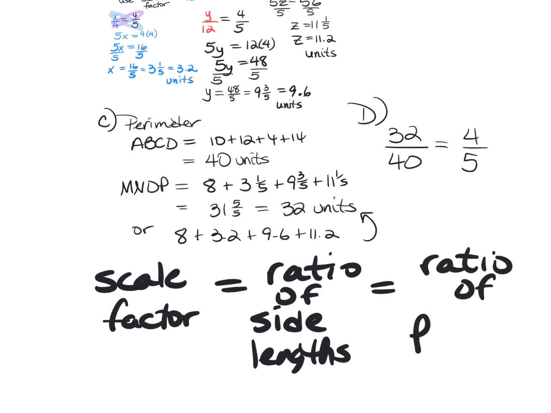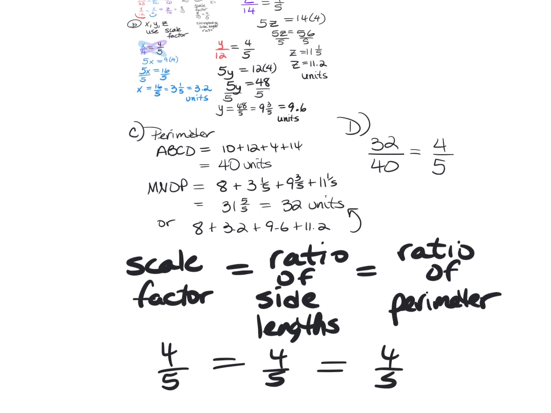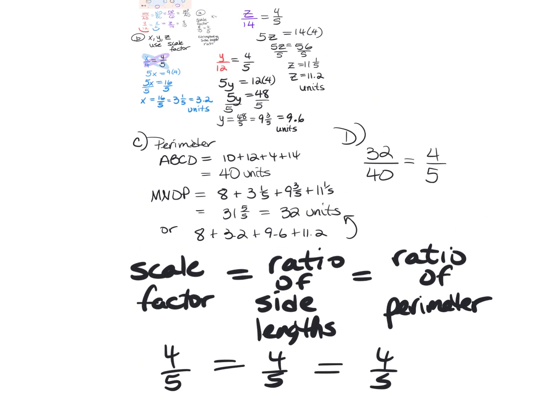They're all going to be the same number. So all three of these would give us the same ratio. And in this particular problem, it was 4/5, 4/5, 4/5. And notice they're all the same. So just understand the terminology.